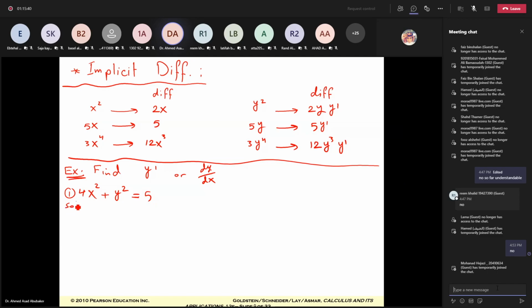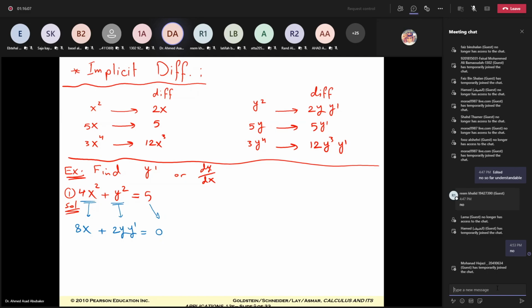The solution: if we need to find the y prime and we have y squared, this is implicit differentiation. Find the derivative of 4x squared equal 8x, plus the derivative of y squared equal 2y, but must be multiplied by y prime. The derivative of 5 is 0.